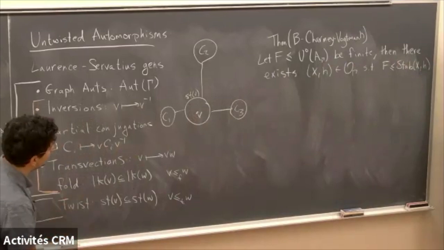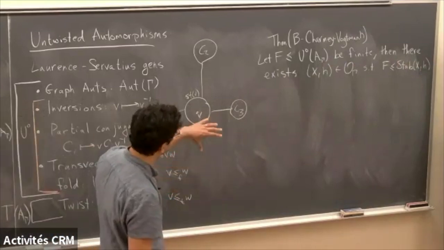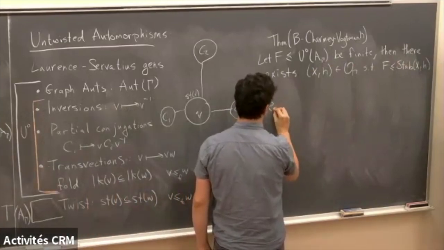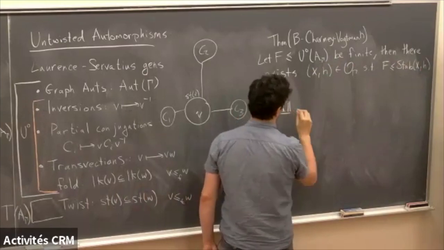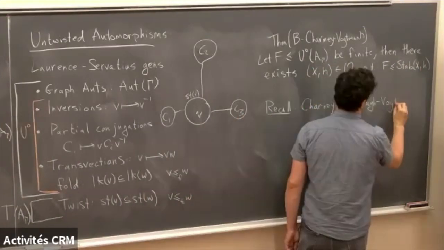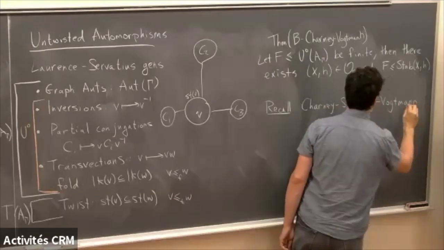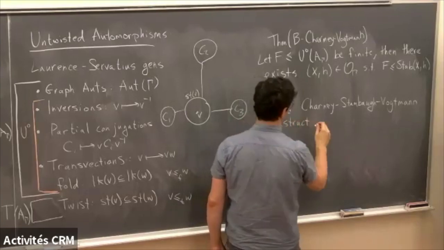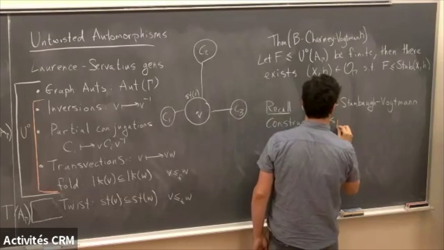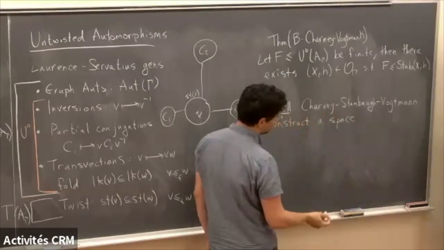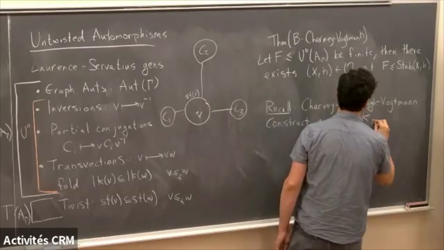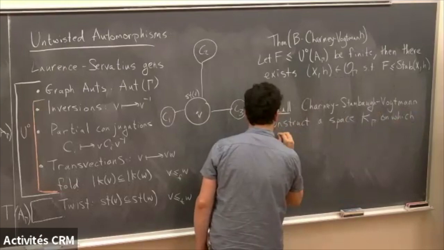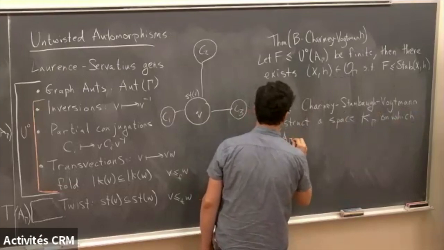Let me say a little bit more about this. We actually do something slightly different. So recall that Charney, Stambaugh, and Vogtmann had constructed a finite-dimensional contractible space K gamma on which this untwisted group U of A gamma acts.